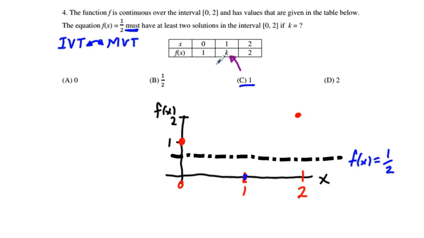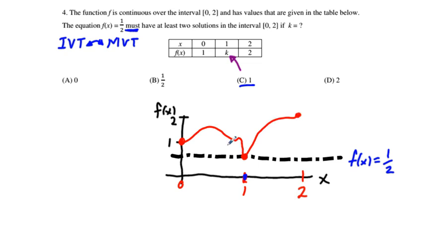We can put k at 1/2. So if we put k equals 1/2, we would place that point right on this horizontal line. But does that guarantee that we will get at least 2 solutions? See, it can touch this once and then go back up.